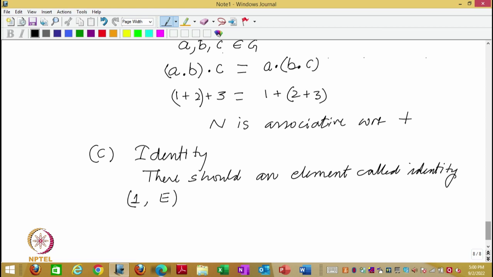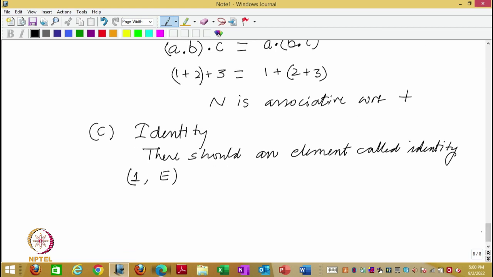Sometimes we use the symbol E. So, what is identity? AE should be equal to EA, should be equal to A. This element, whichever way you combine it with any given element, by pre-multiplication or post-multiplication, should not change your element.